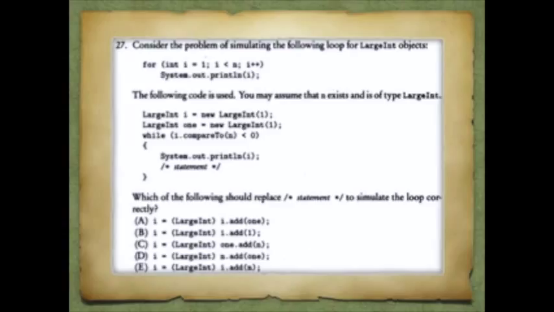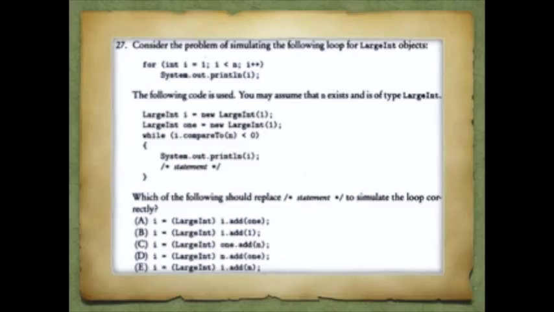Yes, it's a very simple loop, but remember we have to switch between the basic integer i and the large integer. Right now, i means a reference to an instance of type large int. So if we want to add something one by one, we have to define what 1 means.